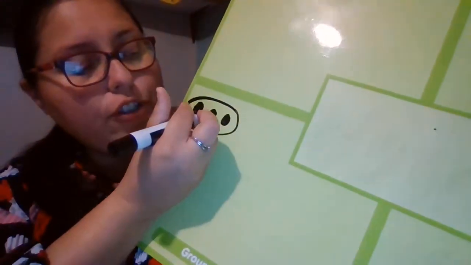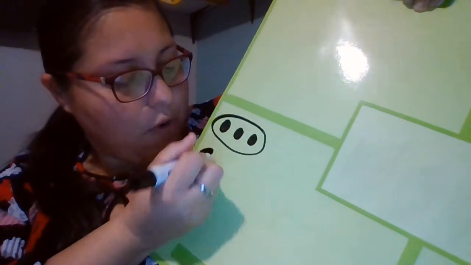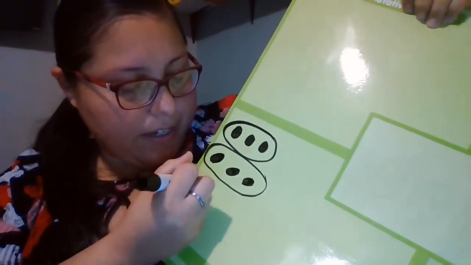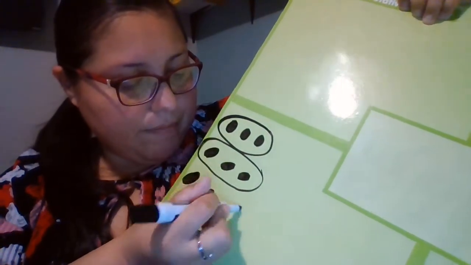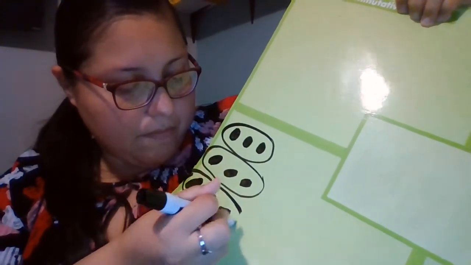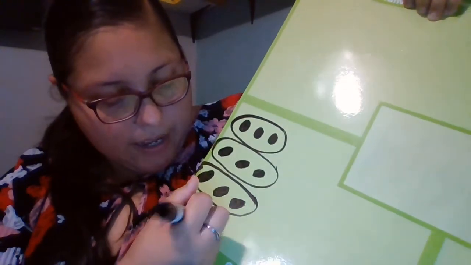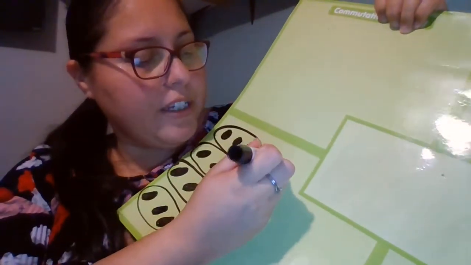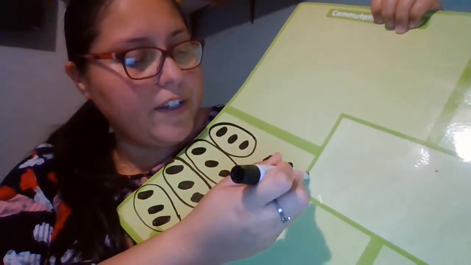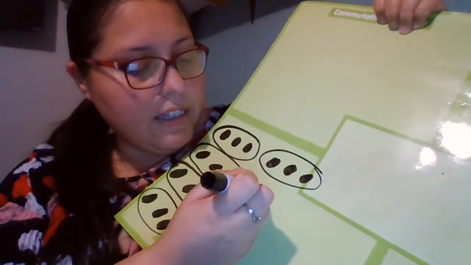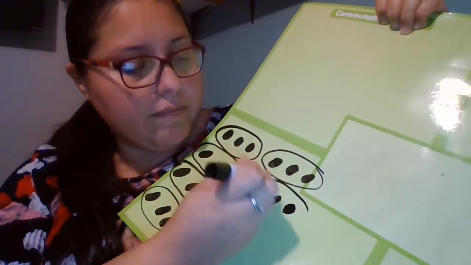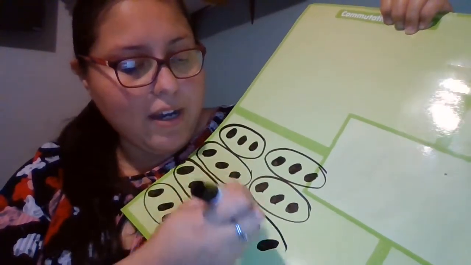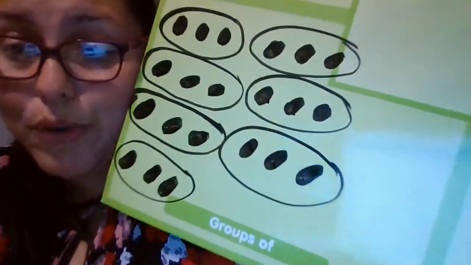So I'm going to put 1, 2, 3, 4, 5, 6, 7, 8, 9, 10, 11, 12, 13, 14, 15, 16, 17, 18, 19, 20, 21. We acted out 21.